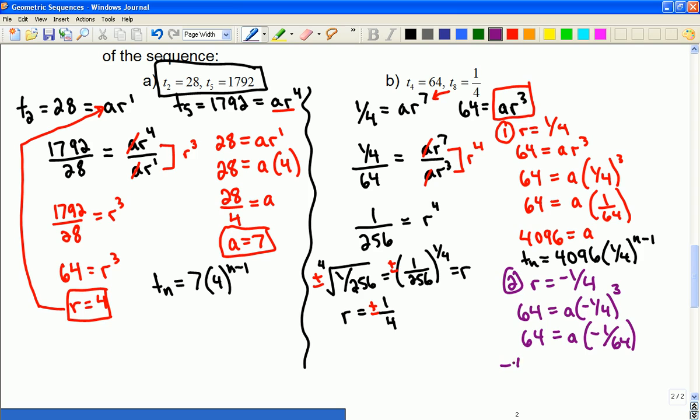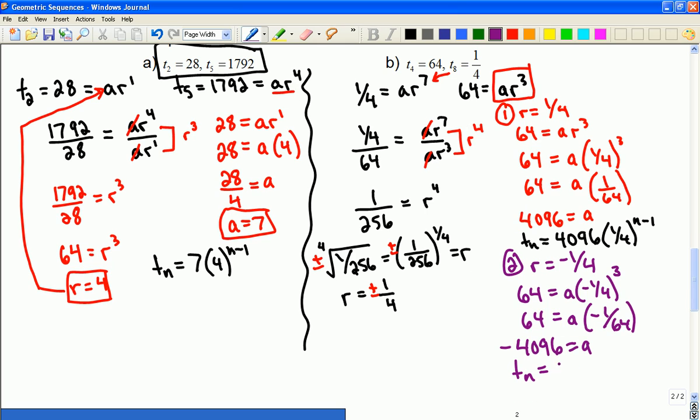And that means I'll have negative 4096 for my first term. So the term formula is going to look like this. Okay, so in this one there's two possible answers because we have two possible common ratios.